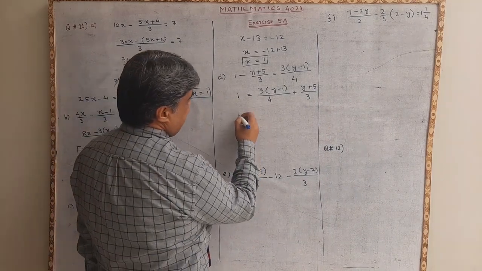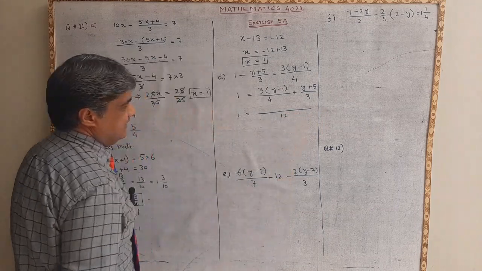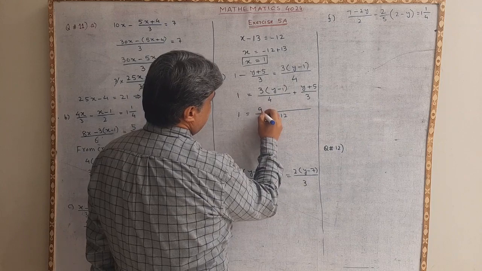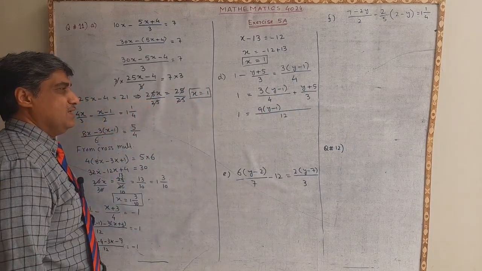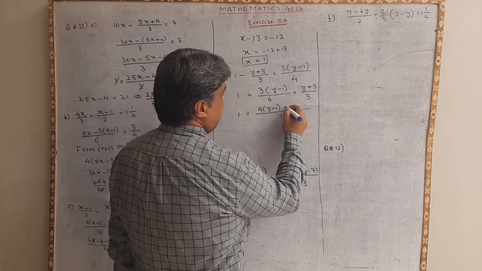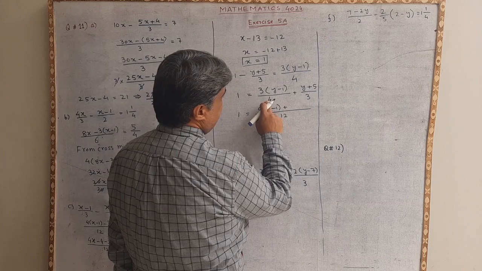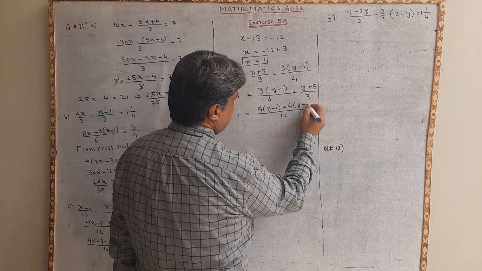In the next step, I am writing 12 as the LCM, and when this is divided, so 3 threes are 9y minus 1, and then plus will come on its place. 12 divided by 3 will give you 4, and 4 will be multiplied with y plus 5.